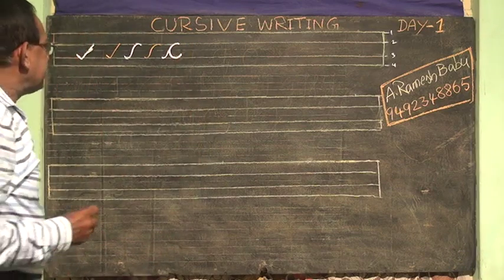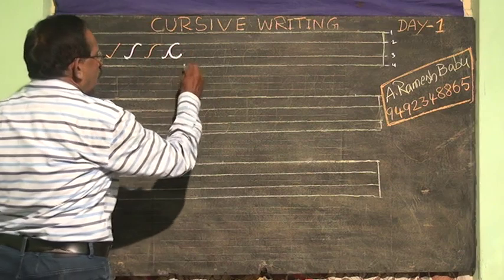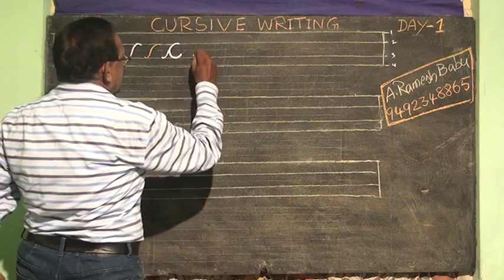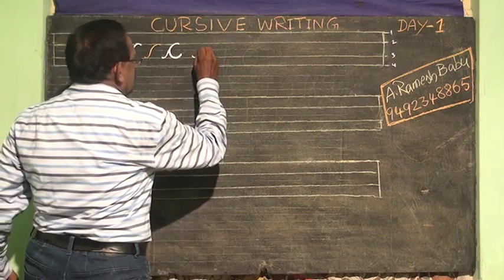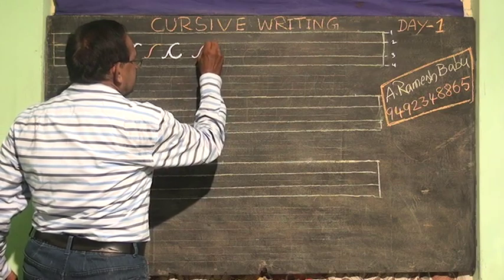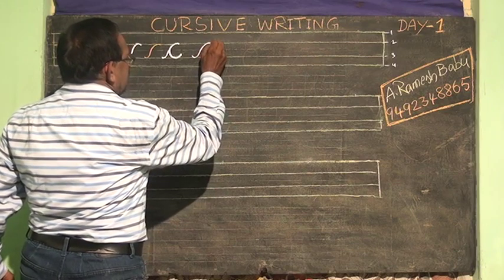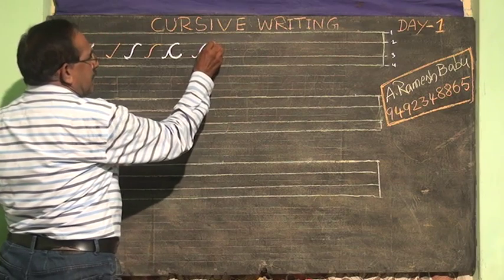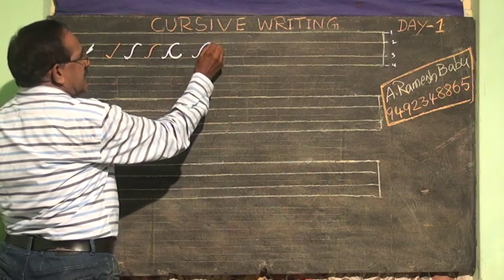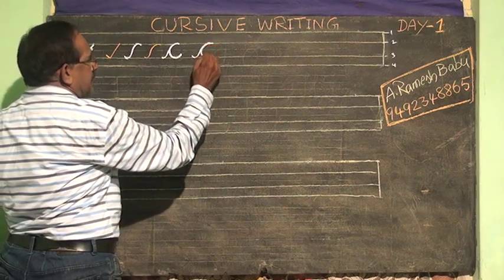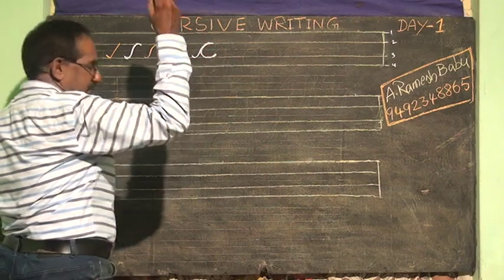Look at here now again. How you should write now. Start from the bottom of the 3rd line and on the same line you have to come back, and then make a circle here.